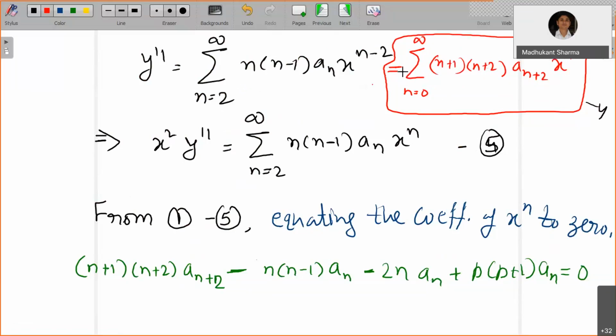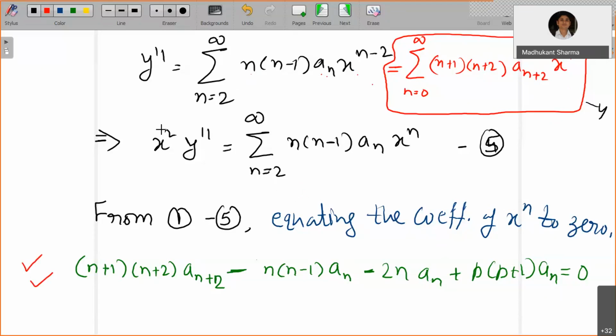Here n is shifted to n plus 2, so n plus 2 minus 1 is n plus 1, n by n plus 2, a_n by a_(n plus 2), x to the power n. We are doing this because we are trying to get every expansion in powers of x to the power n, so that it will be easy to equate the coefficient of x to the power n to 0. This is why we are doing so.